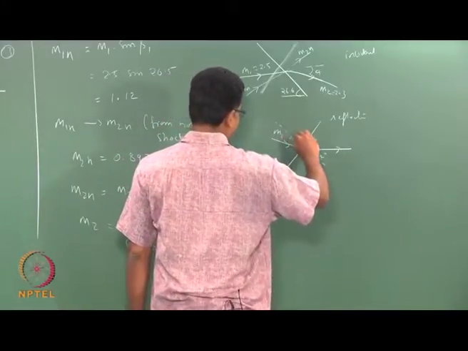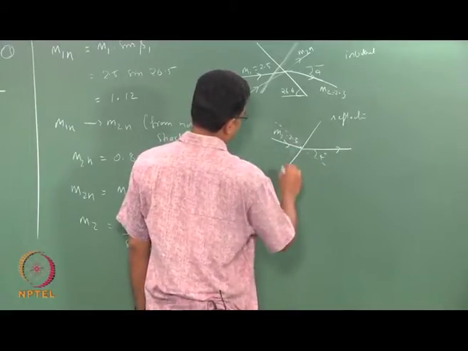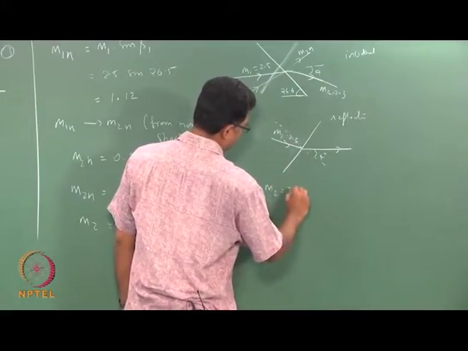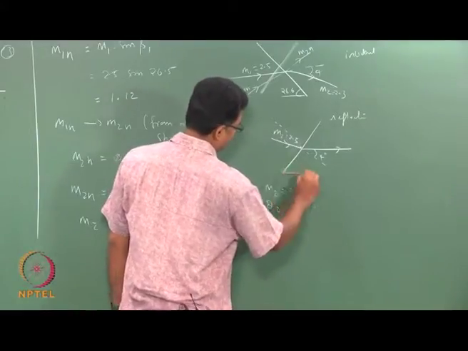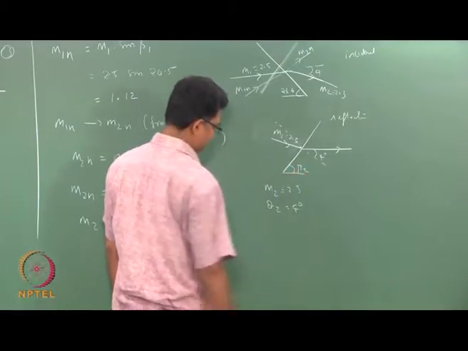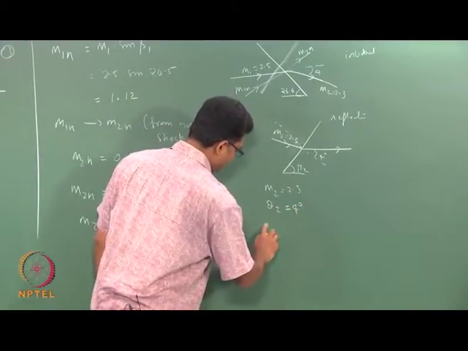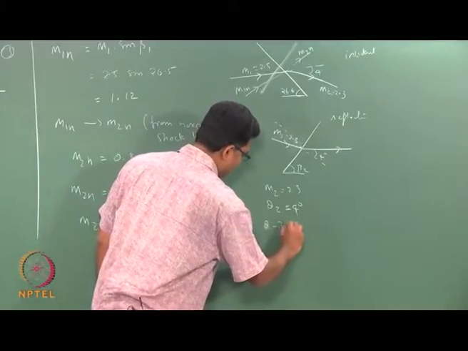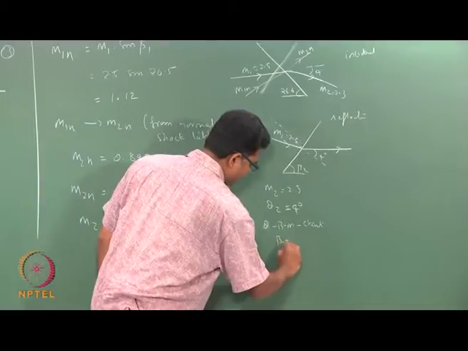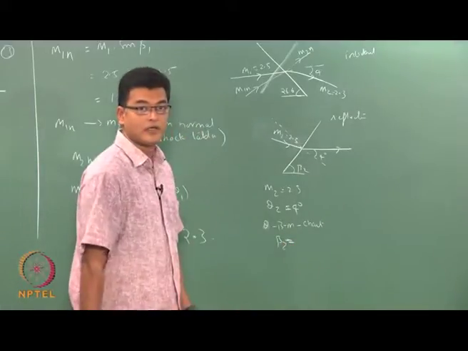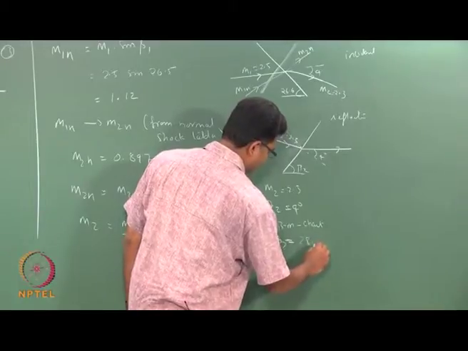So, if I want to find M3: M2 is 2.3, theta 2 is 4 degrees, and I do not know this beta 2. So how do I get beta 2? I look at the theta-beta-M chart to get beta 2, which is 28 degrees.